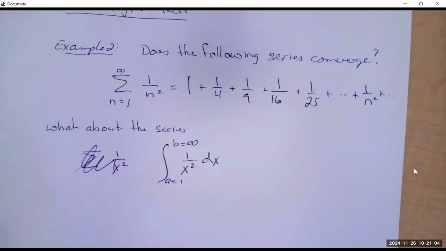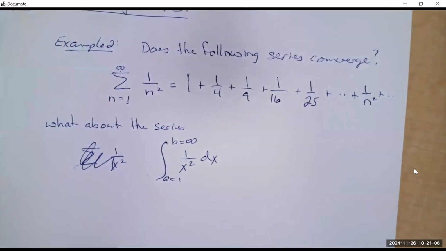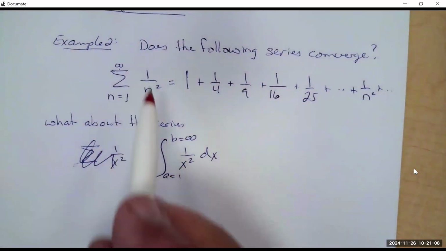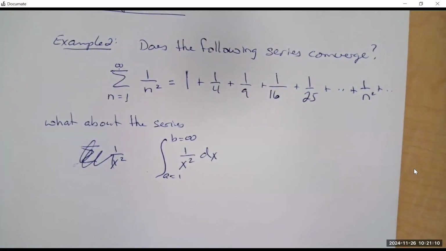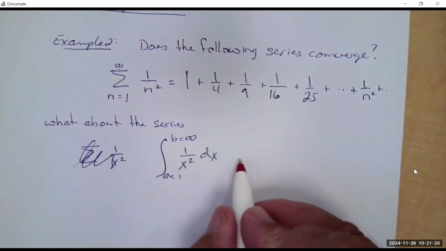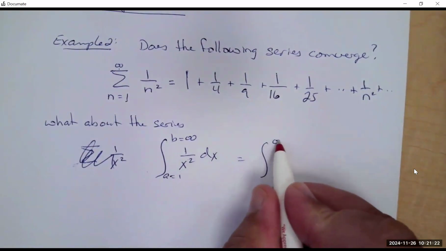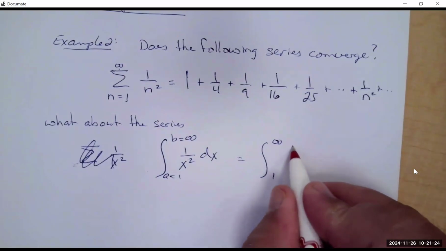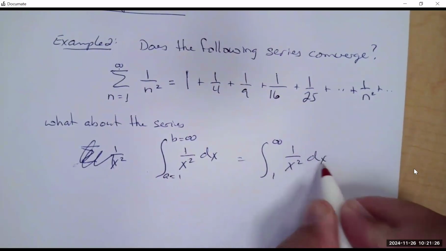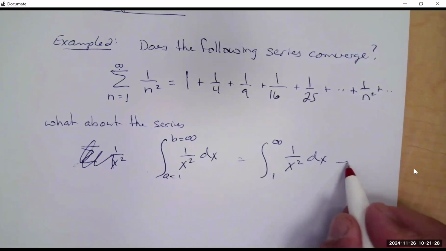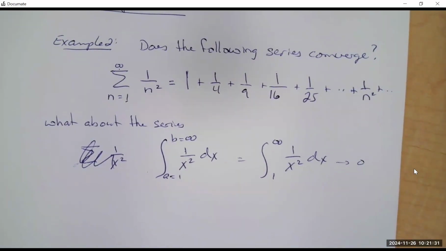But remember, we're going to use an integral test here. Let's compare this sequence to this function. What happens with this one? Does that one converge or diverge? It converges because as x goes from 1 to infinity, this number goes down to 0. So we know it converges.